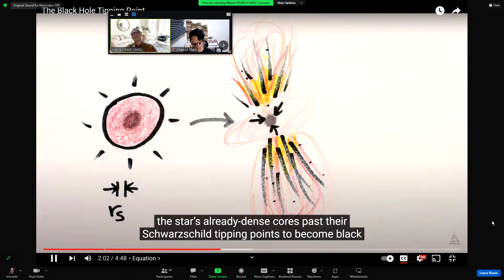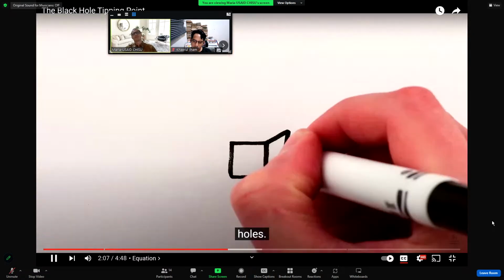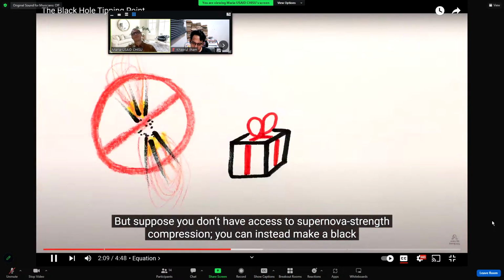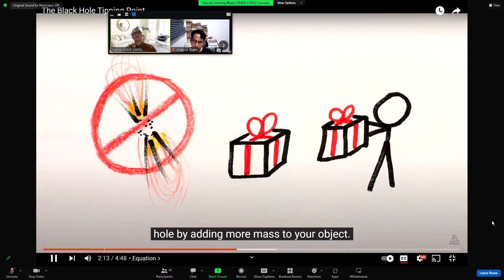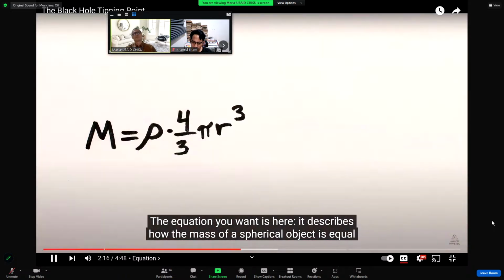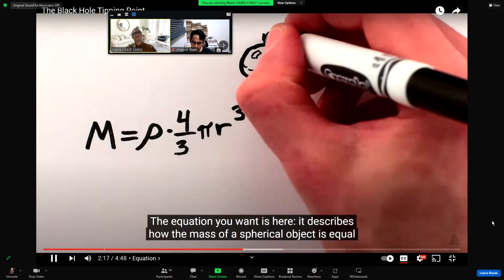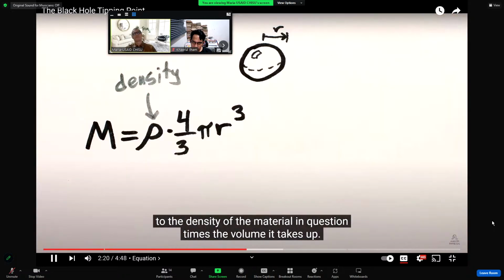The stars already dense past their tipping point. But suppose you don't have access to supernova strength. Instead, make a black hole by adding more mass to your object. The mass of a spherical object is equal to the density of the material in question times the volume it takes up.